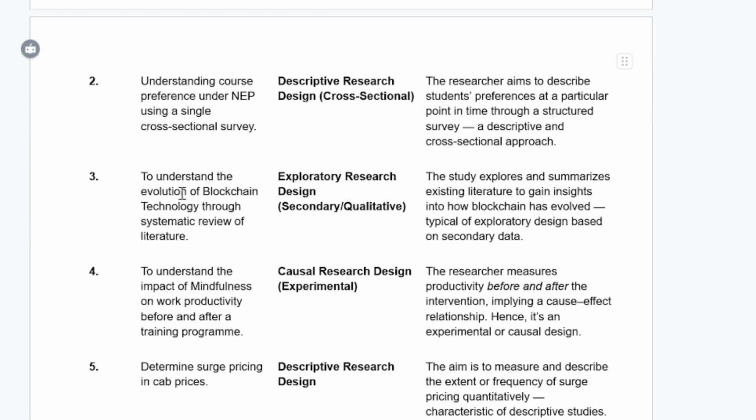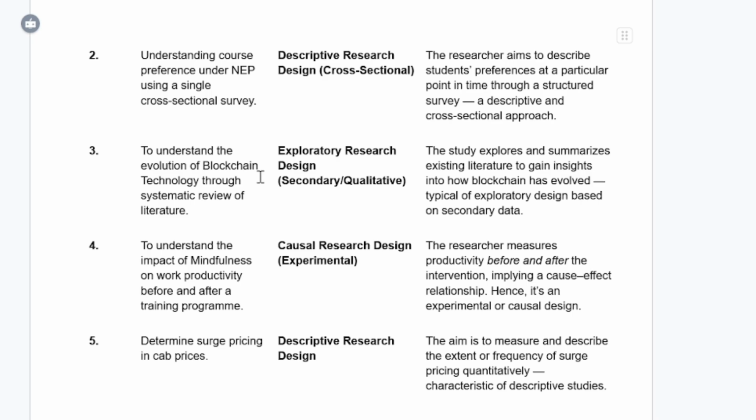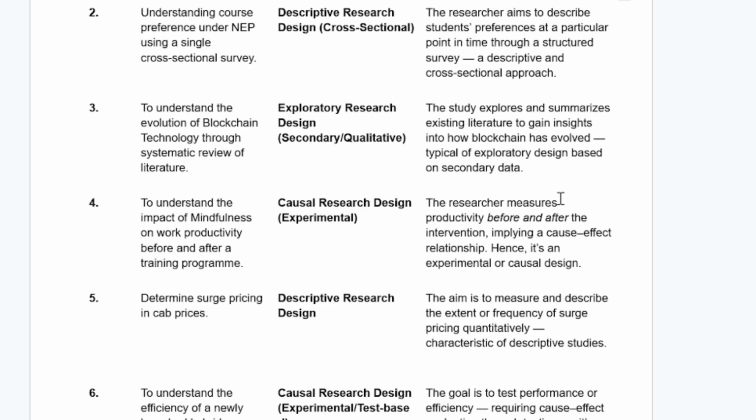The third problem statement is to understand the evolution of blockchain technology through systematic review of literature. Again, here you can use exploratory research design, qualitative and secondary.